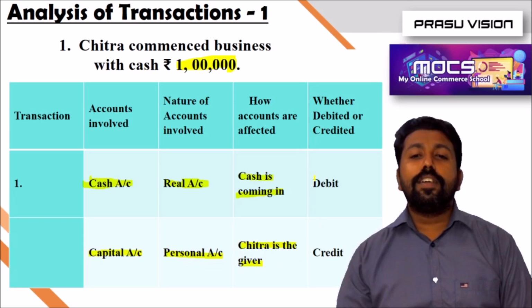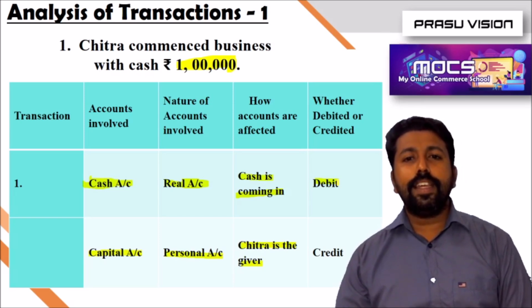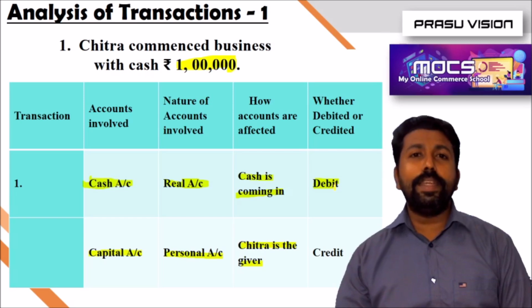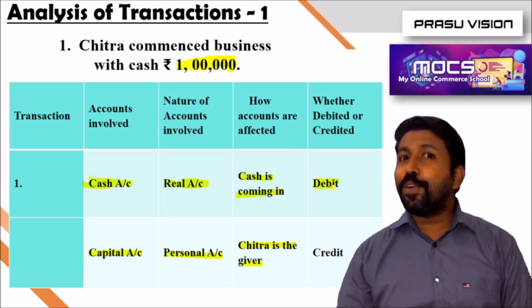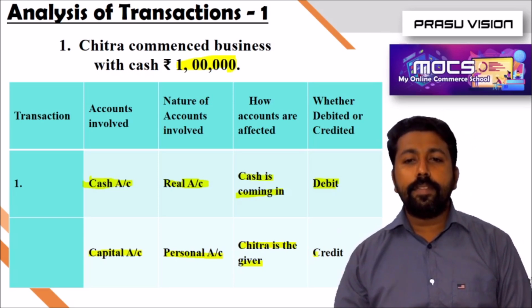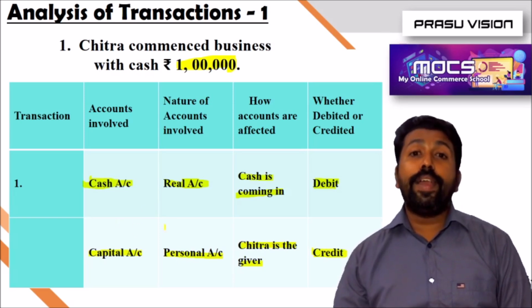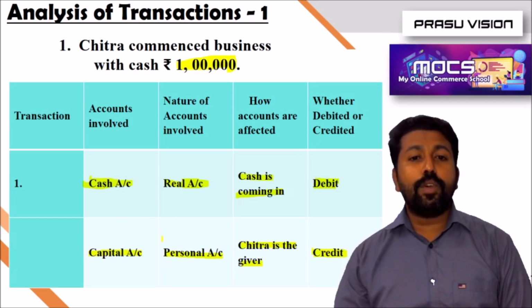So we have to give debit for cash, because cash is coming to the organization. So we can say cash is debited. Automatically, if one aspect is debited, another aspect will be credited. I hope it is very clear for you. Using this rule, we have identified two accounts, one real account and another personal account, and we used the personal account rule.